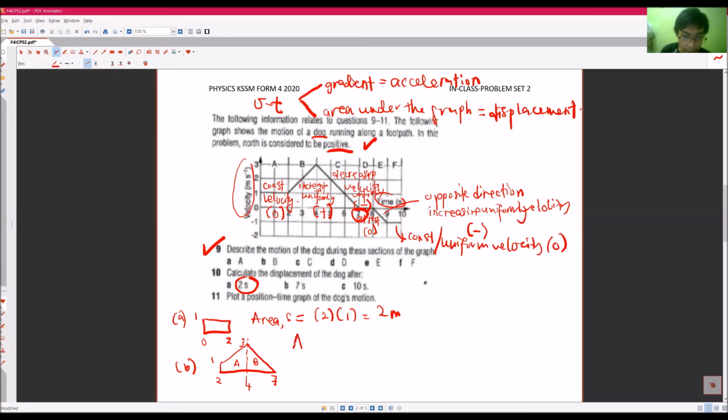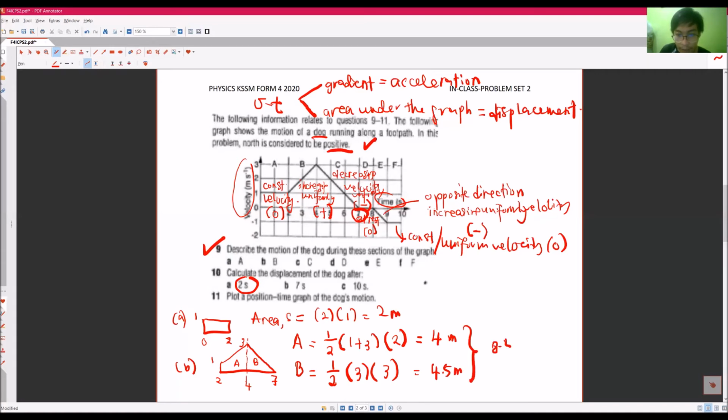Let's calculate area A first, the trapezium. 1/2 times (a plus b), the parallel sides, 1 plus 3, and then the other side, 4 minus 2, which is 2. We get 4 times 2, 8. 8 divided by 2 is 4 meters. The next area is the triangle, which is quite easy. The base, 7 minus 4, is 3, and the height is 3. So 9 over 2, 4.5. So the total is 8.5 meters.